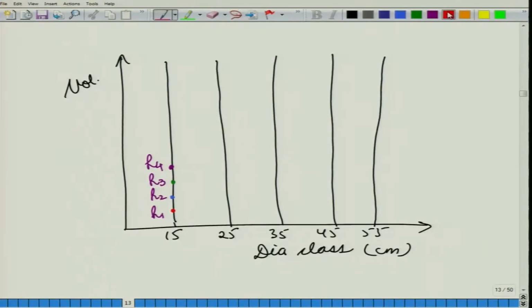Similarly, we can find out these values for each of the different diameter classes. So, here we are marking the volumes for each diameter class for different heights. This is what we will get from the GVT.